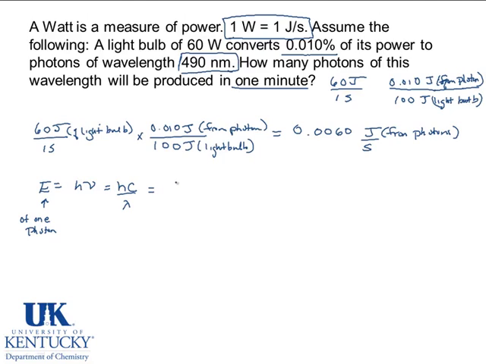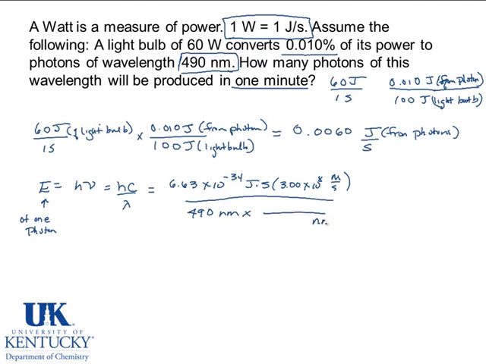So I have h of 6.63 times 10 to the minus 34, and that's joules times seconds. That's Planck's constant. We have 3 times 10 to the 8th meters per second, and that is the speed of light. And we have the wavelength of 490 nanometers, and we're going to be very careful to watch our units.